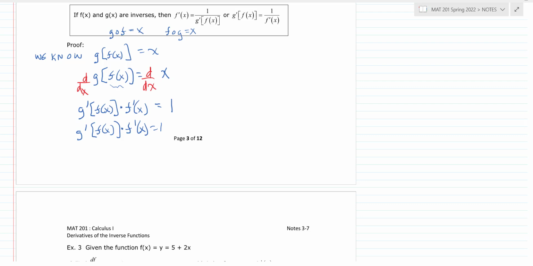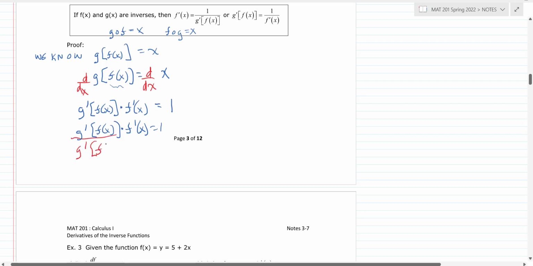I can divide both sides by g prime of f of x, and that wipes out the g prime. Notice what we get as our result: f prime of x is equal to 1 over g prime of f of x. That's what's given in this formula, so I just derived this formula.